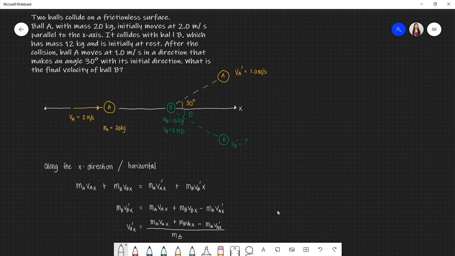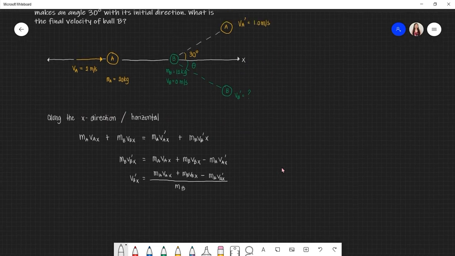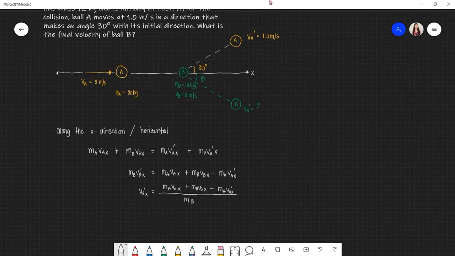All right? Now, remember, VA prime has x and y components. So this is VA prime along the y, and there is VA prime along the x.